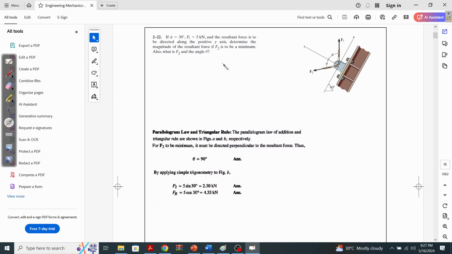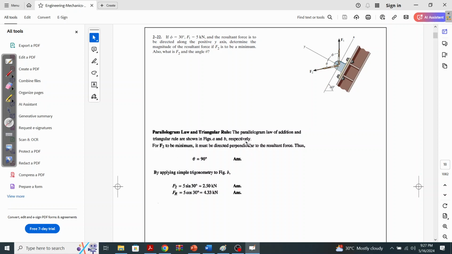Now for this, if you take a triangle, you will always see that the hypotenuse, from the length point of view, will always be greater than the perpendicular and the base component. So if F2 is to be a minimum, it has to make an angle of 90 degrees with the y-axis.